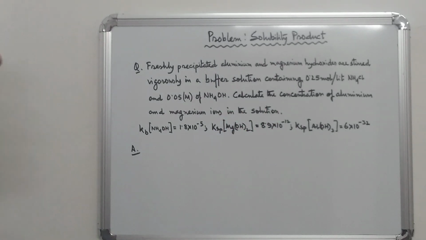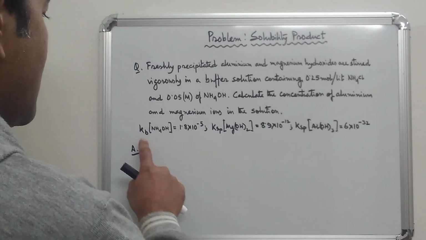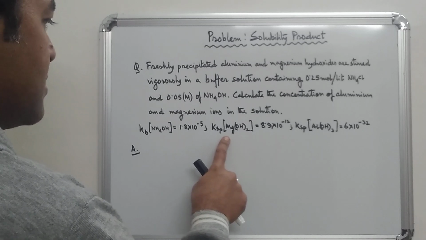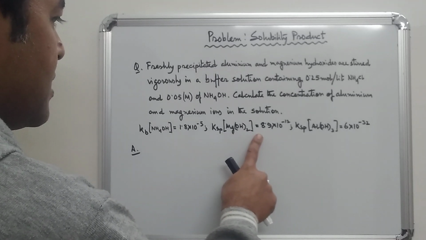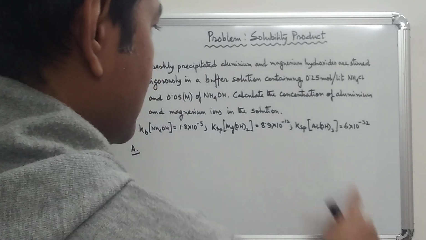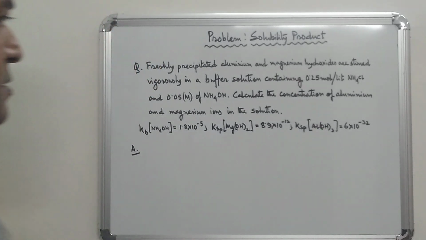As we know, the Kb is given this value, the Ksp given for magnesium hydroxide has this value, and the Ksp of aluminum hydroxide is given this value.